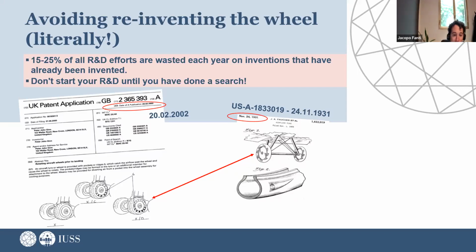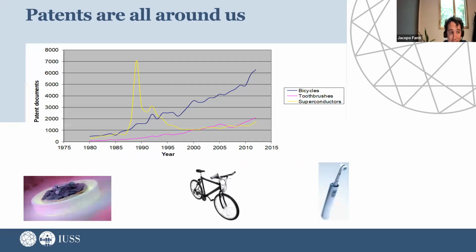So this invention had already been made in 1931, as you can see there. So someone in 2002 filed a patent application for something already available for almost 100 years. So we need to avoid reinventing the wheel. So we need to be aware of what is already available. And we need to investigate the patent database in order to be updated.